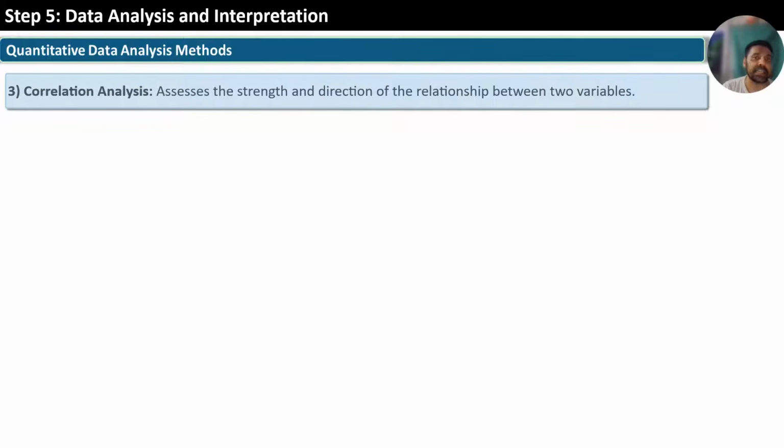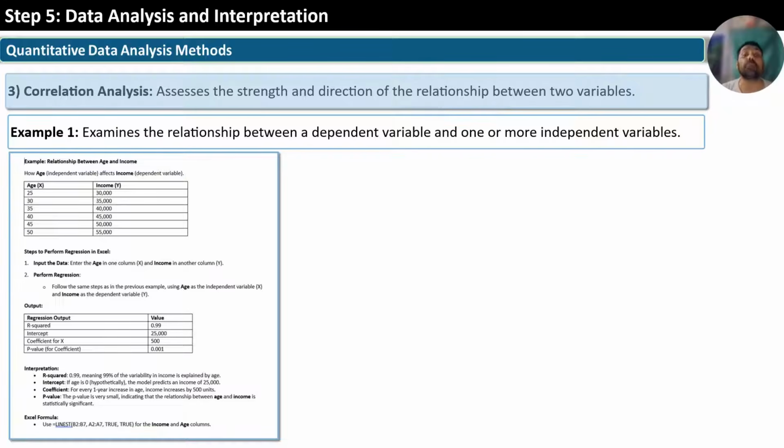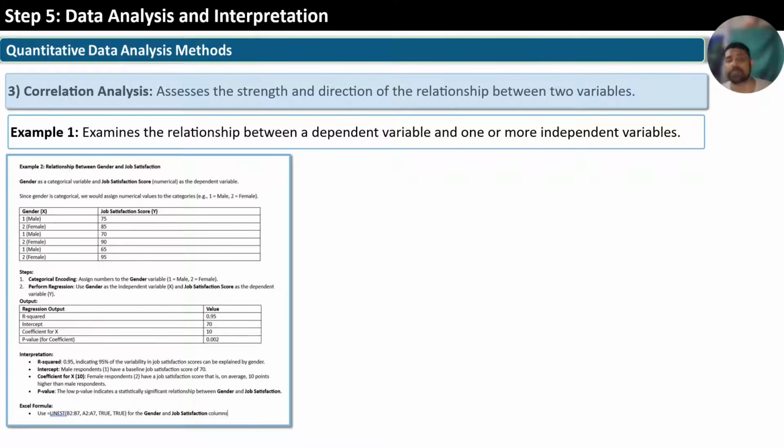Correlation analysis assesses the strength and direction of the relationship between two variables. For example, regression examines the relationship between a dependent variable and one or more independent variables, like age and different types of issues, gender and different types of issues.